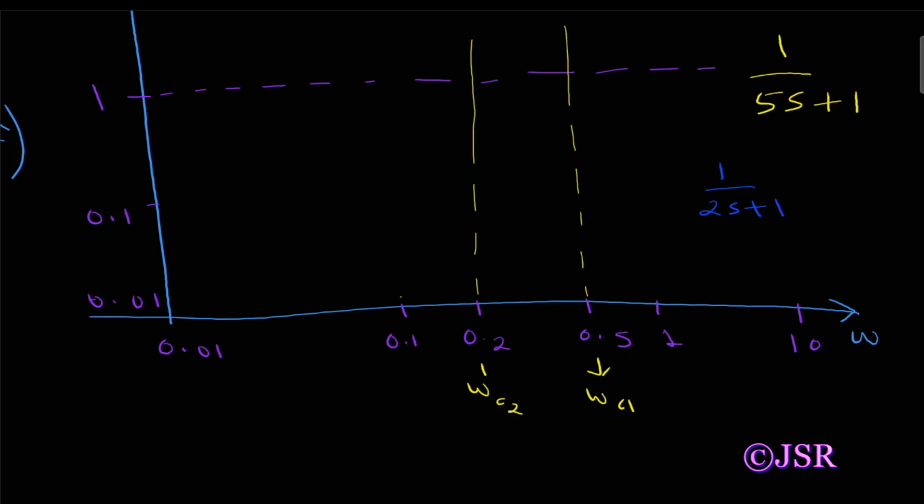So we have two corner frequencies, one at 1 upon 5 and the second one at 1 upon 2.